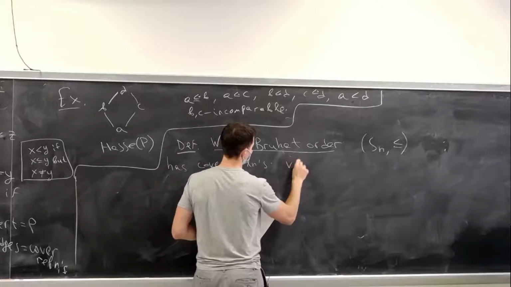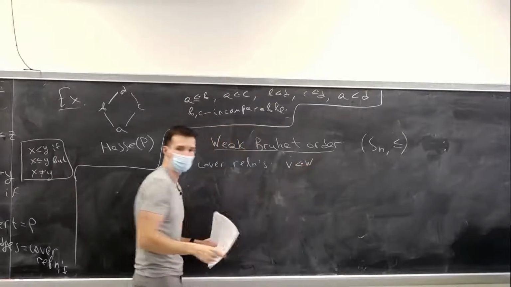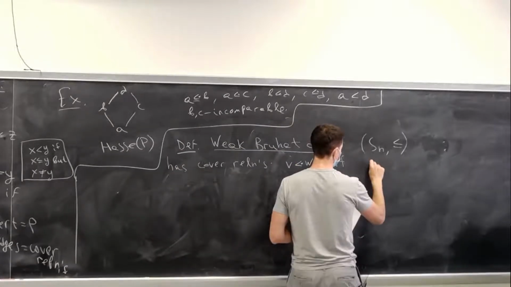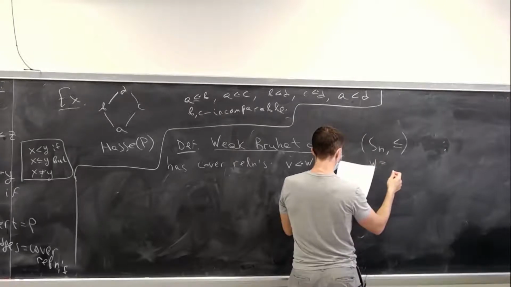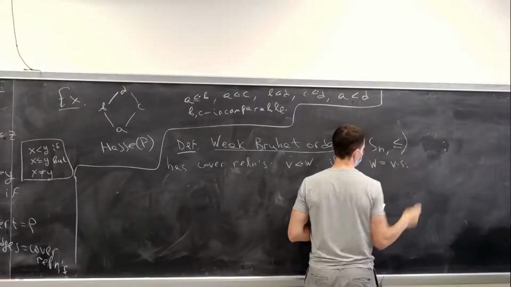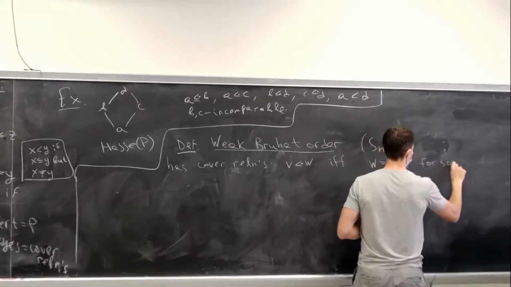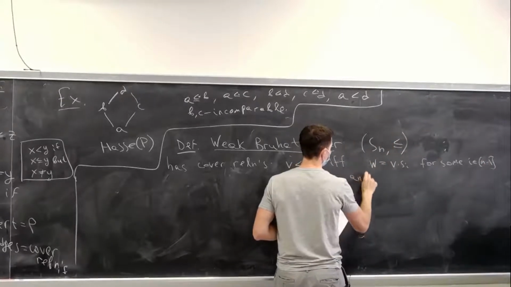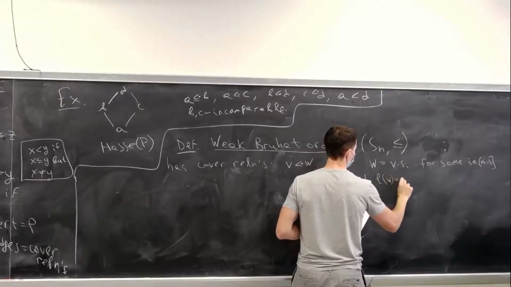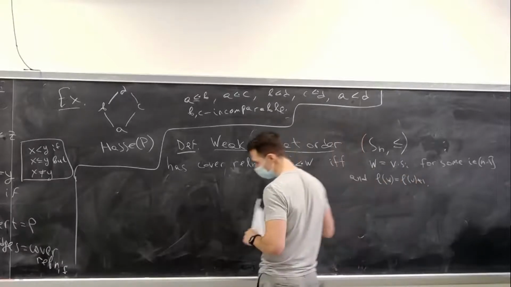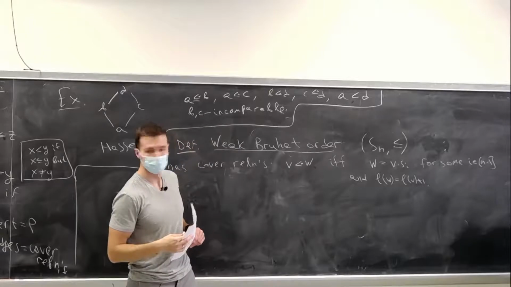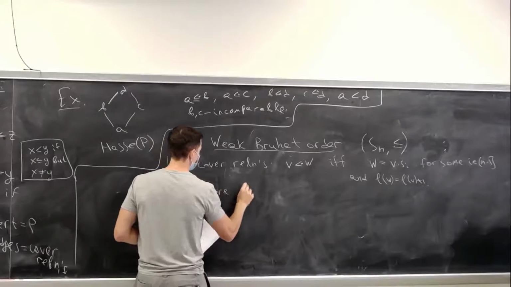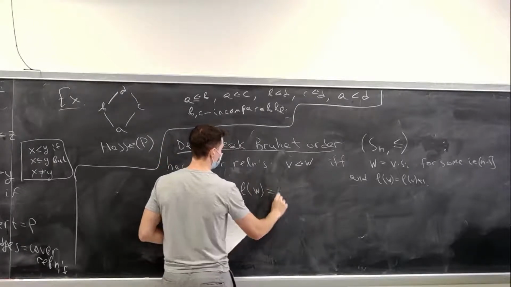You write V is covered by W, for two permutations V and W, if and only if W equals V times s_i for some i in bracket n minus 1, and the length of W is the length of V plus 1. What do I mean by the length here? The length of a permutation is just the number of inversions.